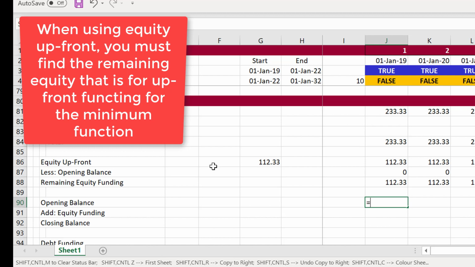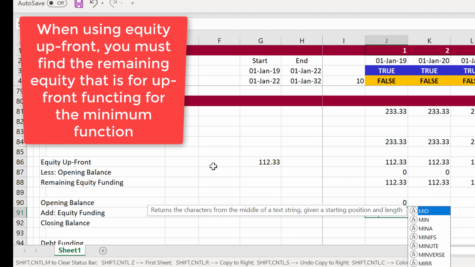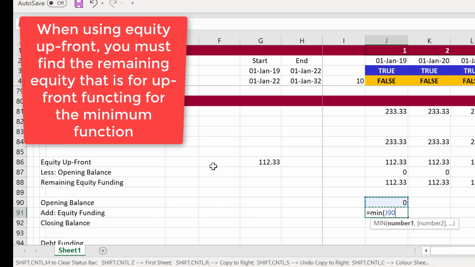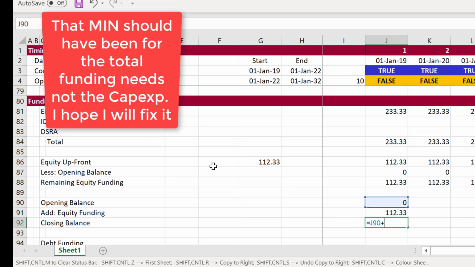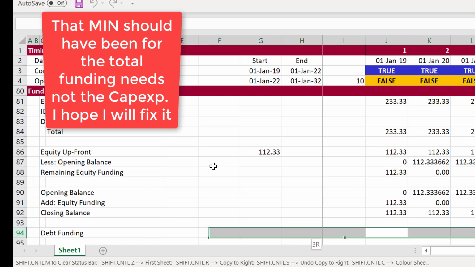Then we put our opening balance as the last year closing balance, and our equity funding is the minimum of either how much we can produce, how much we have left to invest, or this. So it's all going to be invested as equity, and then the closing balance is the sum of these two.